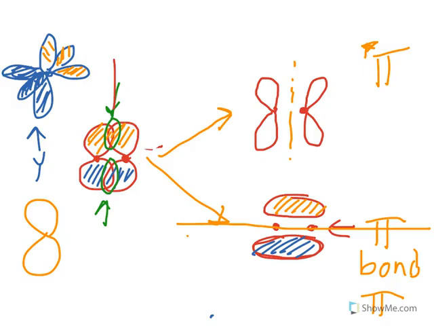We use pi star for that. Okay, and we color them. This one I'll leave the same, blue and orange, and this one's flipped, orange and blue. We only ever use two colors. That indicates that they canceled in the middle. This is called a pi star molecular orbital.